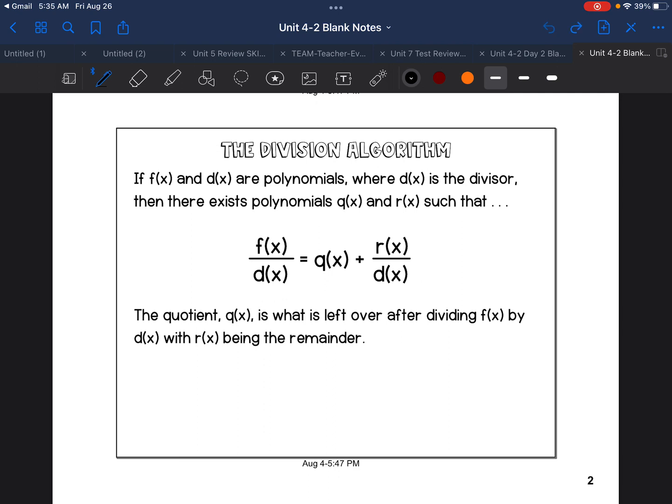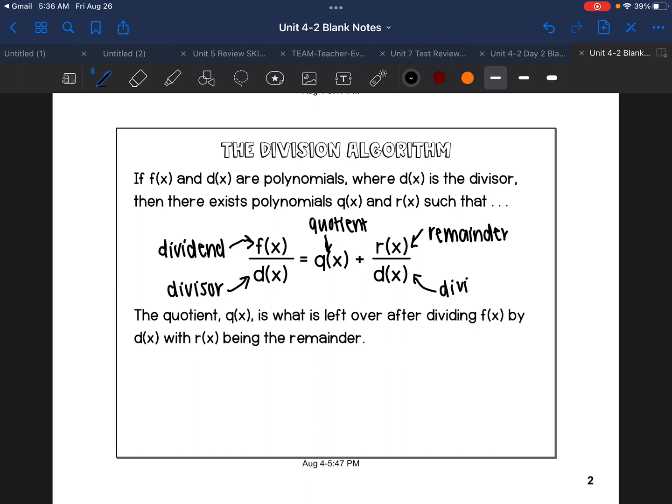So all this states is that if we have a dividend, which you're going to see more in the next video, which is just some function, and we divide it by another polynomial, which would be considered our divisor, then the result of that division would be the quotient plus the remainder over the divisor.